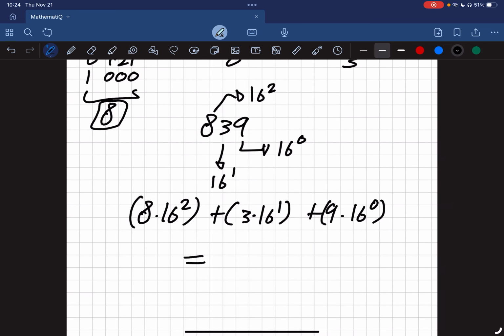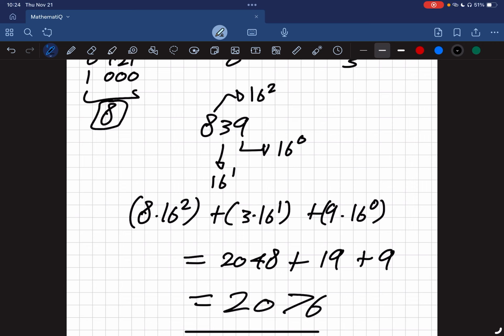We get 8 times 16 to the 2, which is 2048, plus 3 times 16, which is 48, plus 9 times 1, which is 9. So you get 2048 plus 48 plus 9, which is 2105 in decimal.